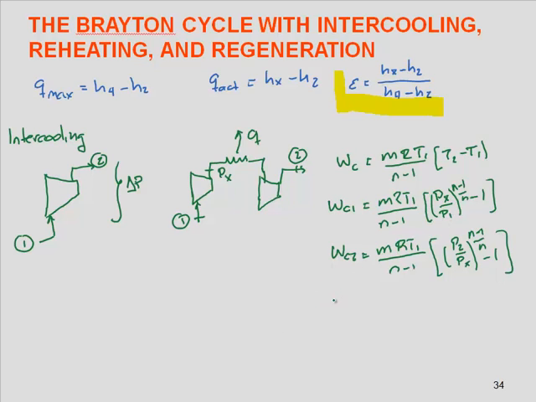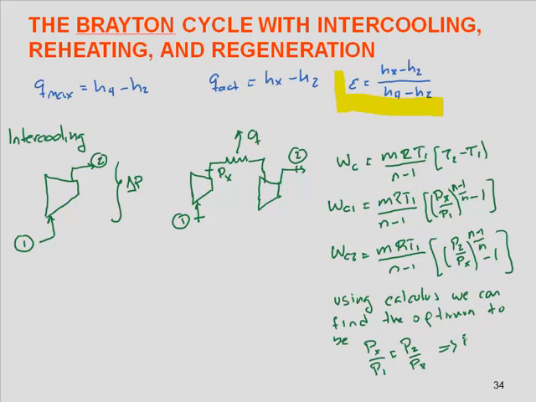So we can use calculus, and you can find that the maximum work saving occurs when px over p1 equals p2 over px.